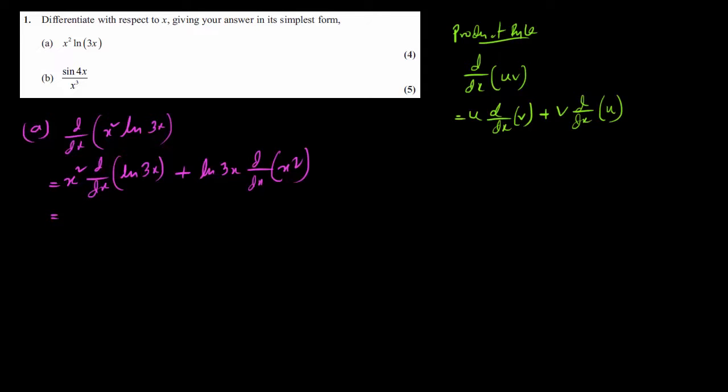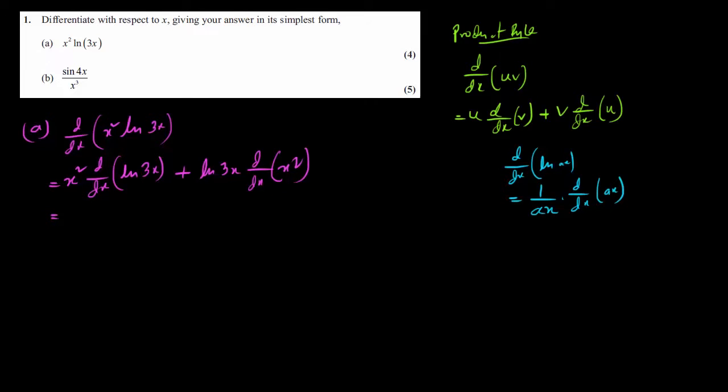Now we have to differentiate ln thrice x and x squared. Now the differentiation for ln ax: d by dx of ln ax is the reciprocal of that expression times the chain rule, d by dx of ax.